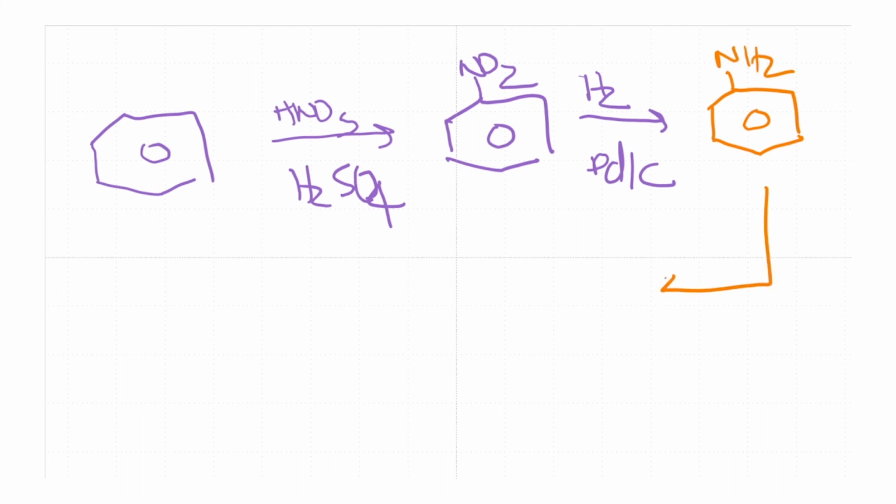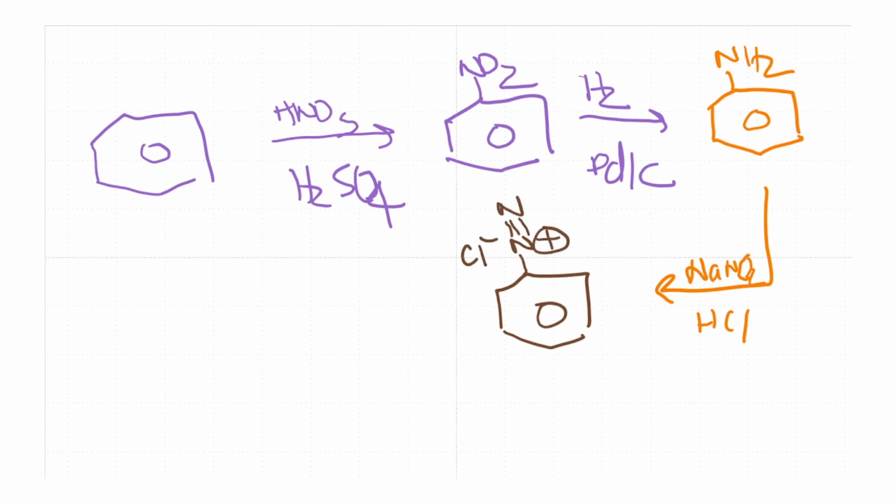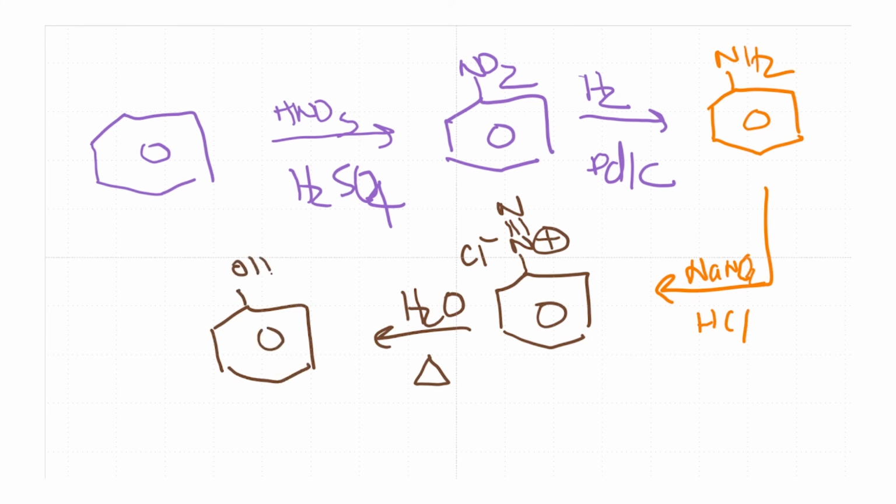Then aniline is reacted with NaNO2 and HCl, and the product that is formed is this diazonium salt, which is then reacted with water and heat to give you phenol. There are possibly other methods that one could use to do this transformation, but this is one of the ways, using nucleophilic aromatic substitution as one of the key steps in the reaction.